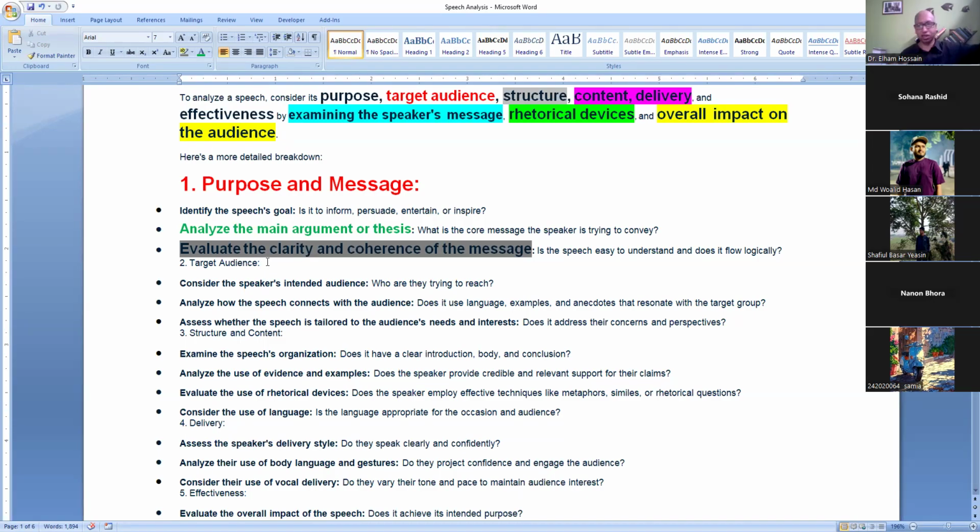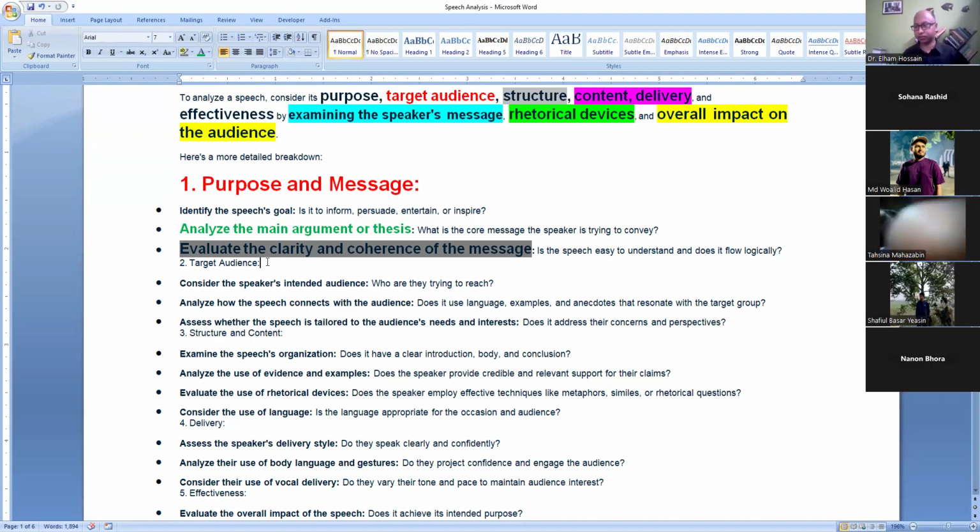It should flow consistently from beginning to the end. It should be free from diversion. It should be free from interpolation, that is, irrelevant things or irrelevant topics. You must always concentrate on what you want to say, not on other things which are not relevant to the topic that you want to focus on.